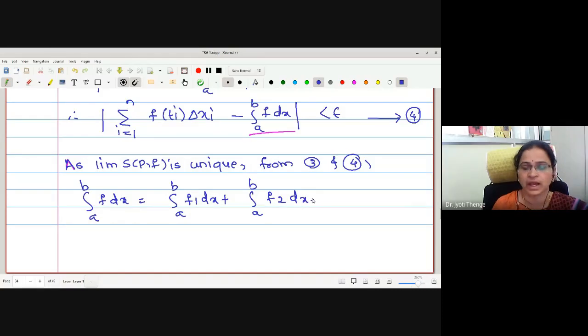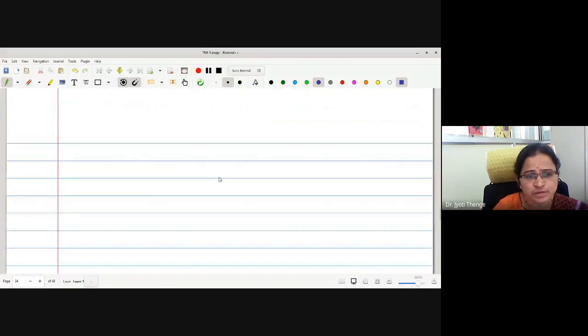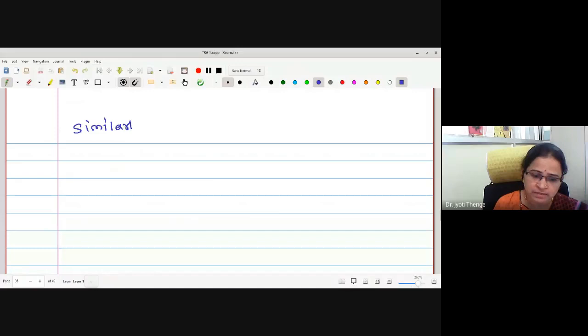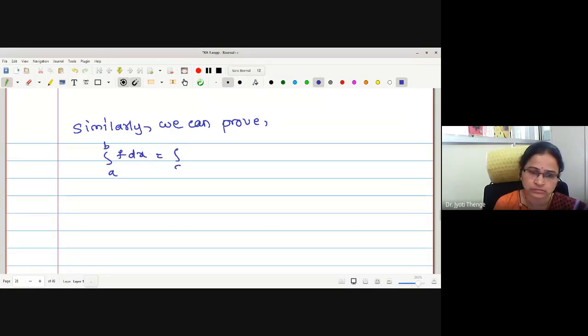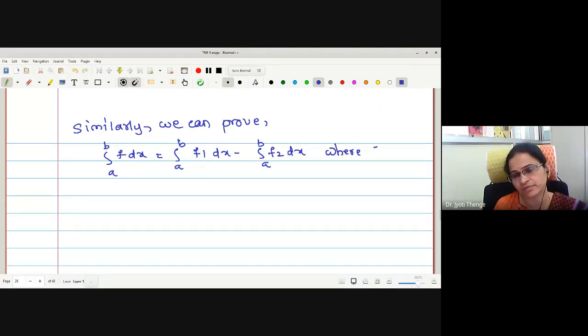And hence it is the proof for the statement regarding addition. Similarly, by proceeding with similar arguments, we can prove it for the subtraction, where f we have defined to be f1 minus f2, and hence the proof of the statement.